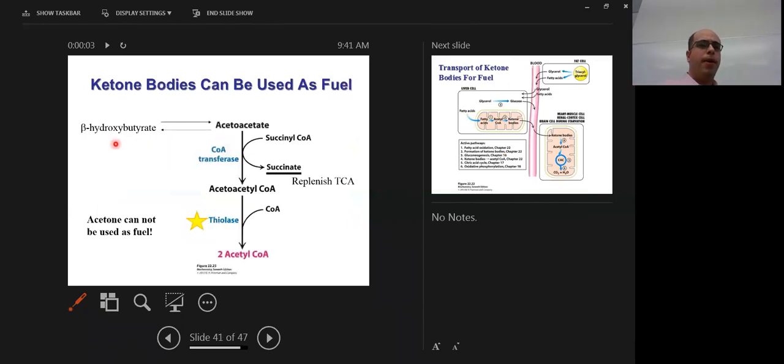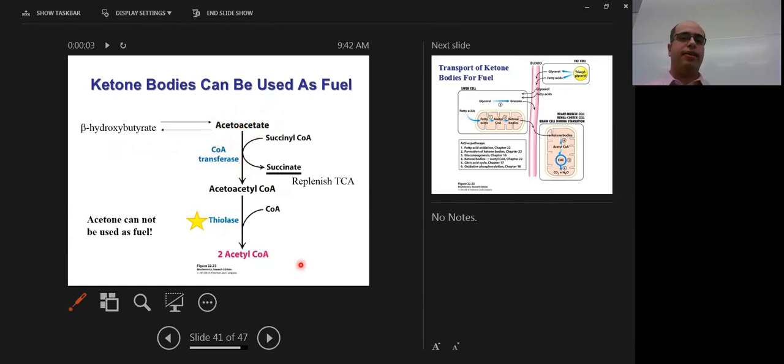And so the beta-hydroxybutyrate and acetoacetate themselves can be used as fuel. They go through and transfer CoA from succinyl-CoA onto acetoacetate, forming succinate, and will help to replenish the TCA cycle and produce acetoacetyl-CoA, which can be acted upon by our friend thiolase and produce more acetyl-CoA.